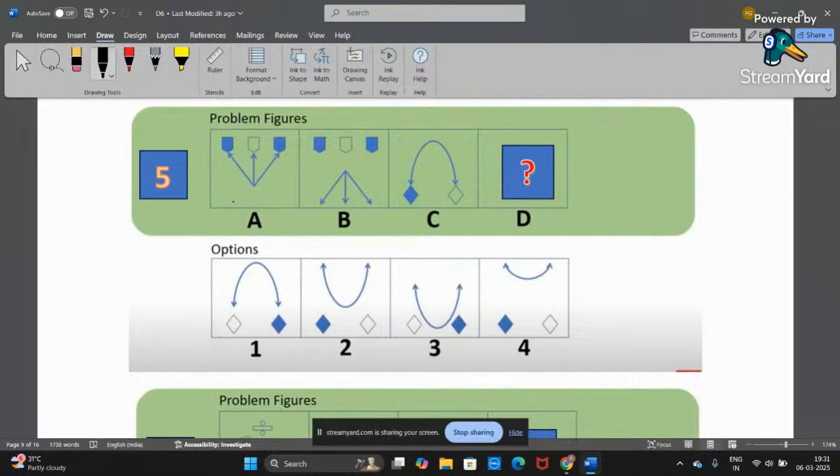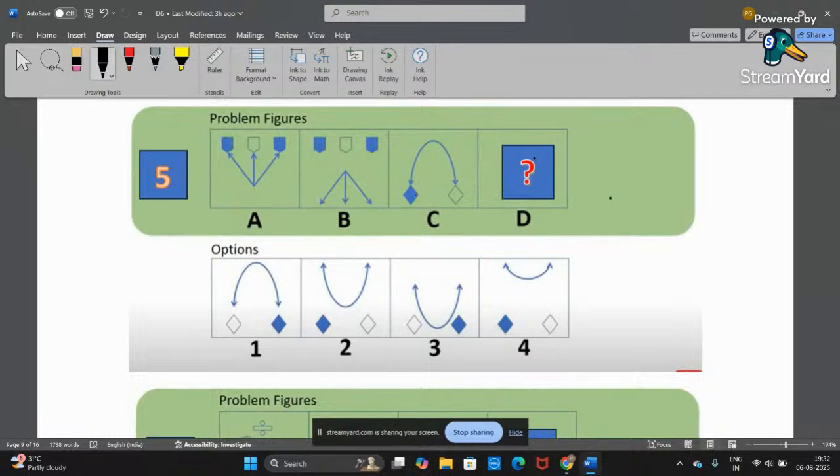Now find the answer for the fifth one. See, in this there are three blocks. One is transparent, the other two are filled with colors, and the direction is upwards. In the same way, this is not interchanged. They are as such as previous, but the direction is reversed here, right?